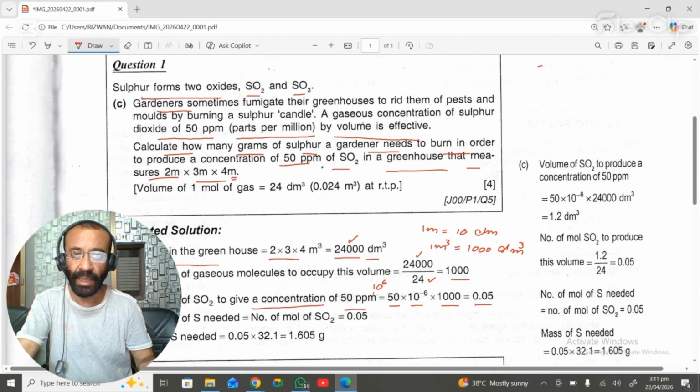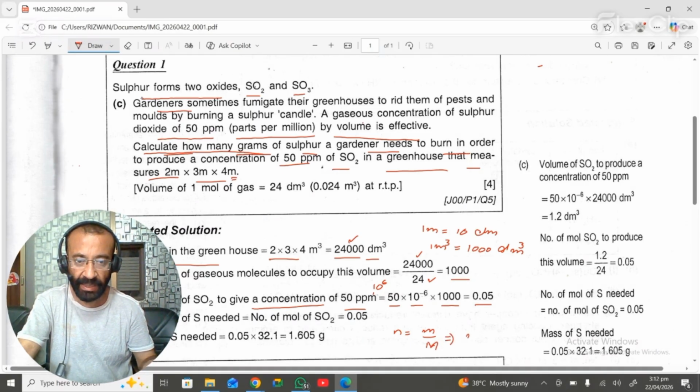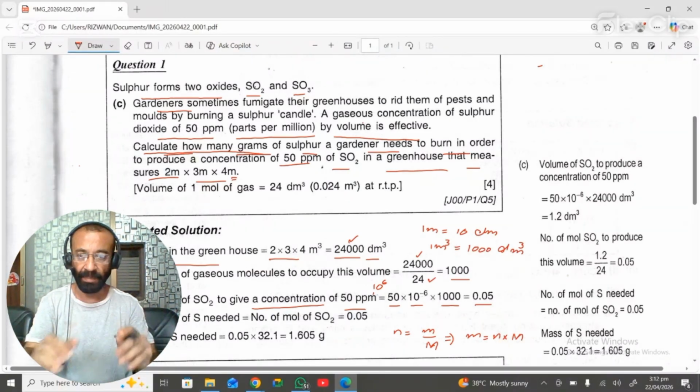The final thing is to calculate the number of grams. Moles is equal to given mass over molar mass. Because mass is the requirement, it will be equal to number of moles multiplied by molar mass.